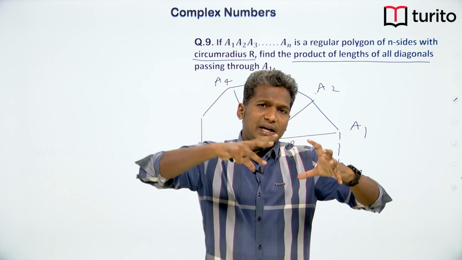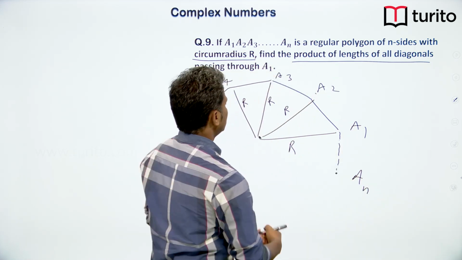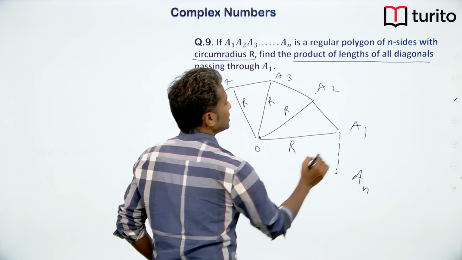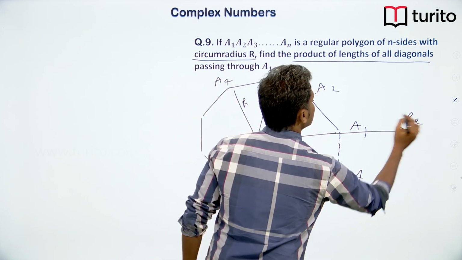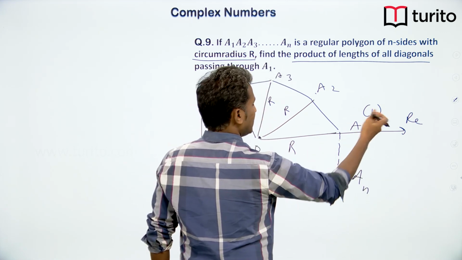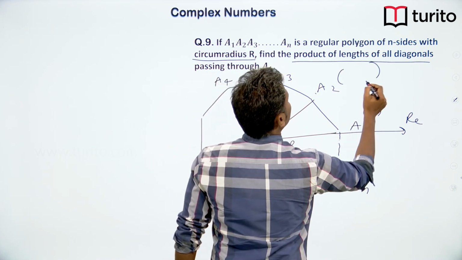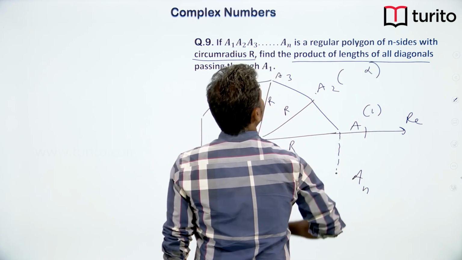Now, if I expand it and make sure that the circumradius is r units, so here I can take this as origin, I can take this as the real axis. This is my first root which is the 1, in general 1, but here okay, I will first write for the nth roots of unity.